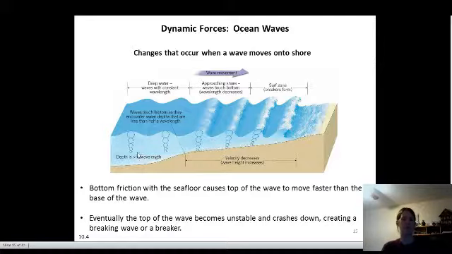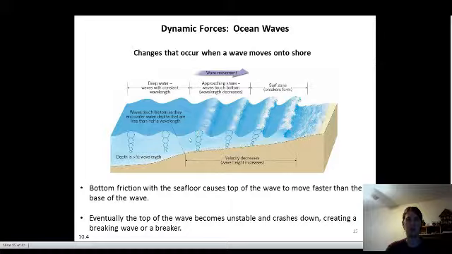Now, as you start decreasing this depth, so as you reach shore, you reach a point where the waves are still moving as we hit the Earth's surface, right? So as they start to encounter the water depths, that bottom friction with the seafloor causes the top of the wave to move faster than the base because you've got increased friction here, right?